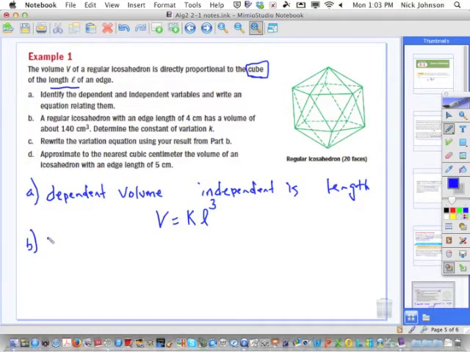So it says volume is 140, is equal to, we don't know k, but it says our length is 4 cubed. And what many of you should know, 4 cubed is simply 4 times 4 times 4, which is 64.